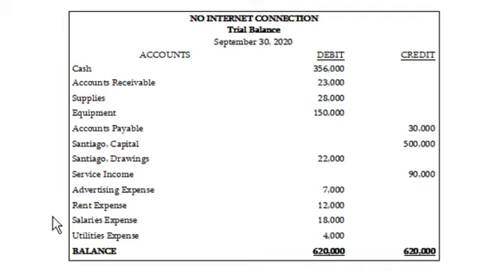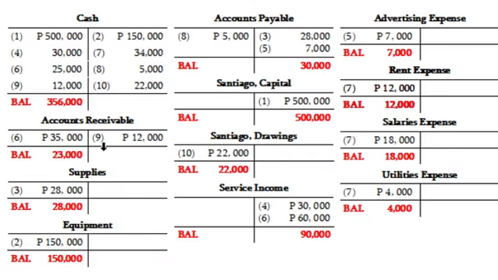Dapat in order from assets to liabilities to proprietorship, income, and expense. And then, sa amounts naman, we have debit and credit. So, kung babalikan natin yung ating accounts, again, kukopyahin lang natin kung saan nakalagay.